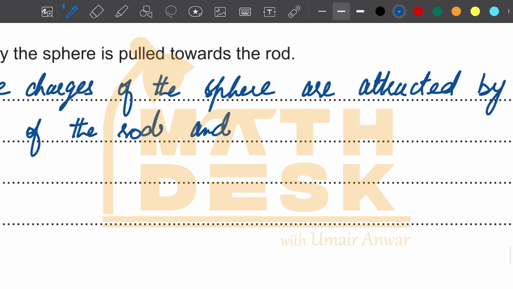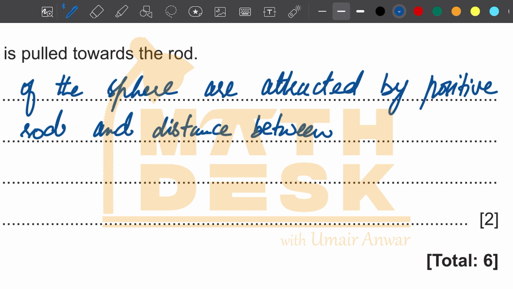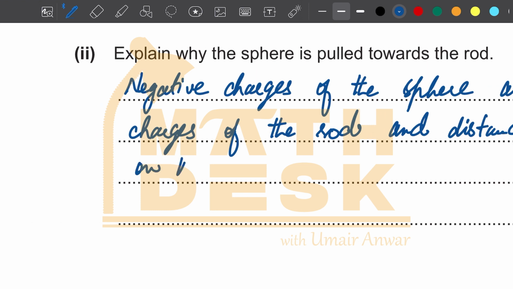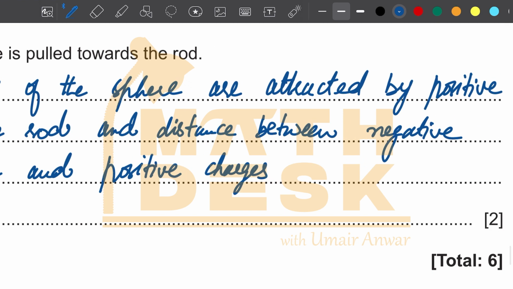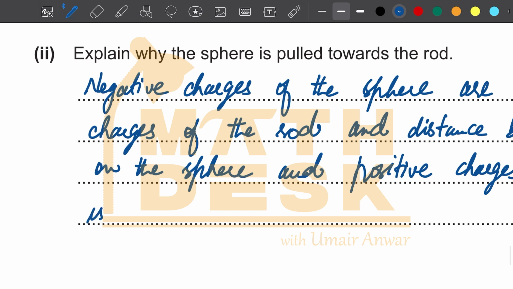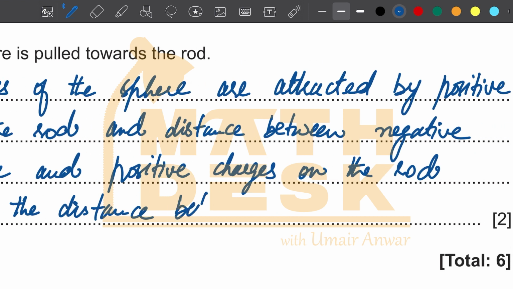and the distance between negative on the sphere and positive charges on the rod is less than the distance between positive on the rod and positive on the sphere.